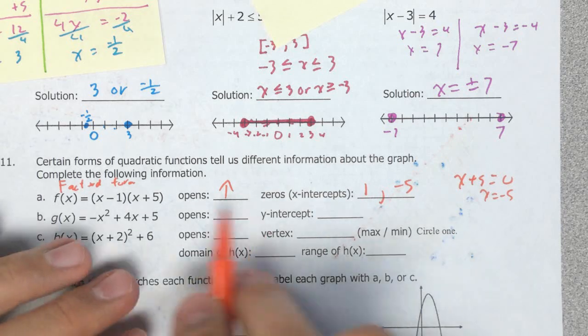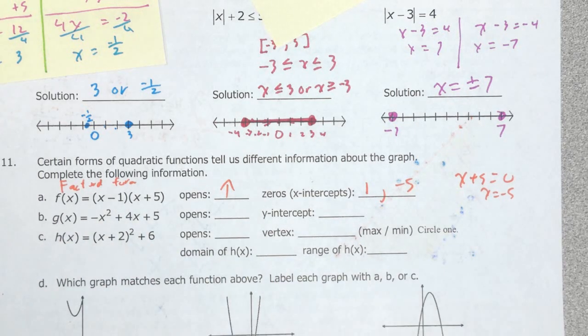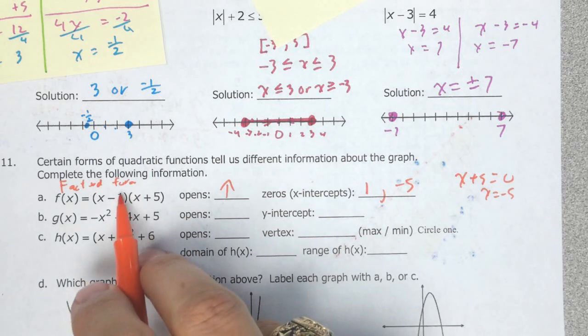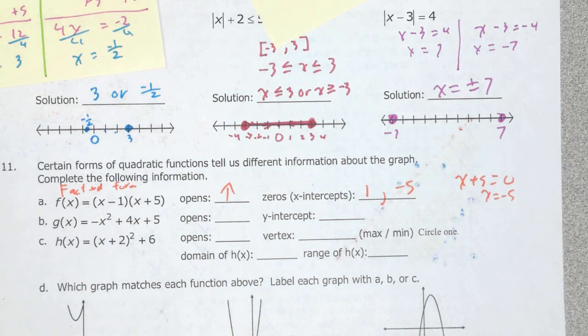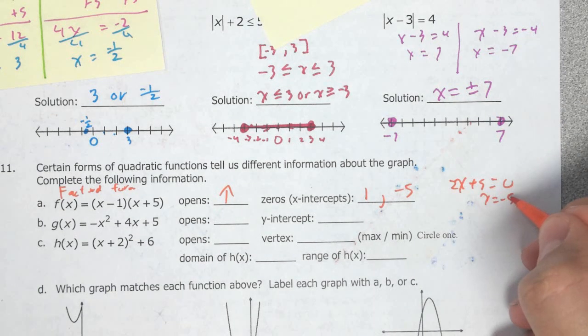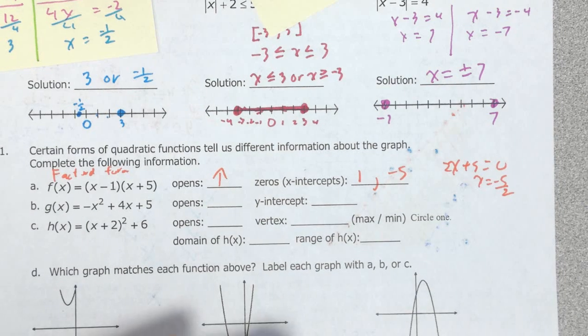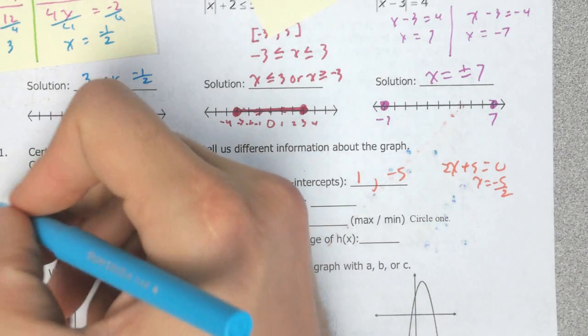It's a little bit more complicated if there's a number, a coefficient in front of the x. Then it ends up being a fraction, with that being the denominator. So if that was a 2x plus 5, for example, that would have been negative 5 halves. B, we now have something in standard form.